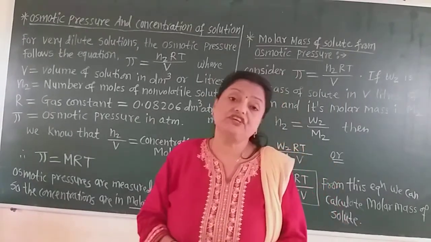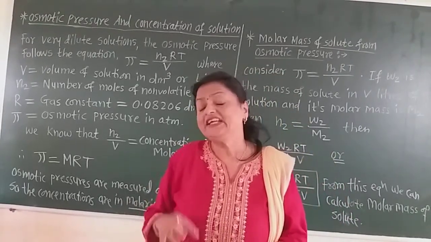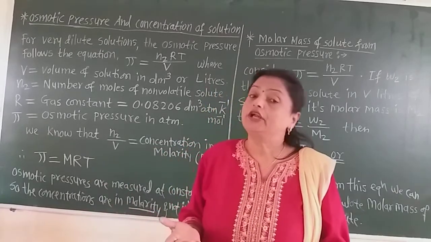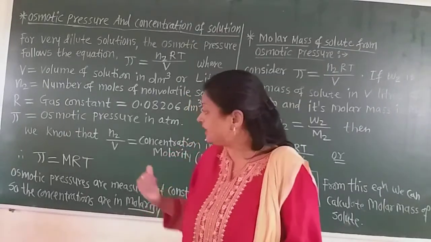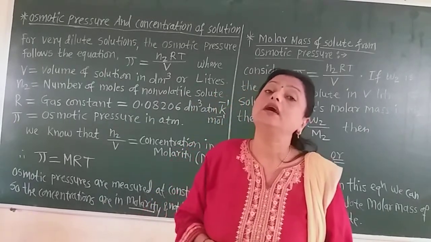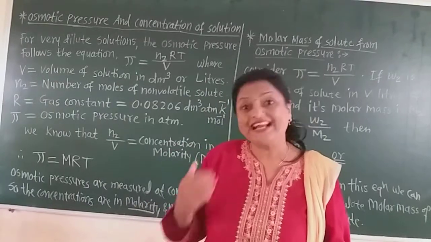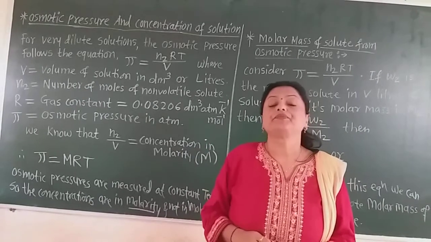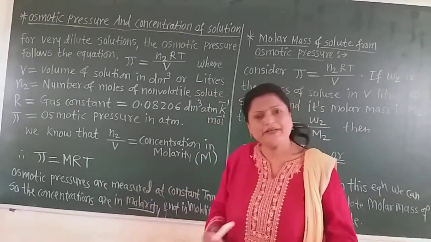Now here is the question in your mind, students: why here do we use the molarity instead of molality? In all the three colligative properties we always use the molality, but here, during the measurement of osmotic pressure or to calculate the molar mass of the solute, we are using molarity, the another unit to measure the concentration, because here the osmotic pressures are measured at constant temperature.